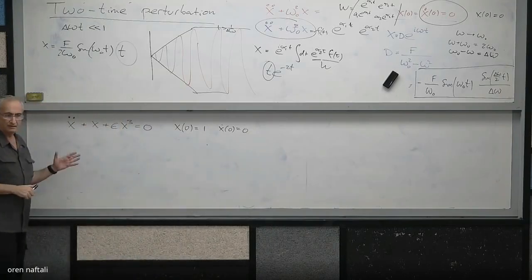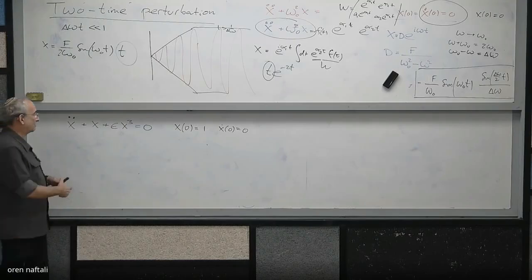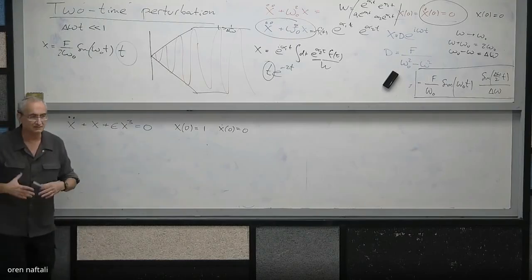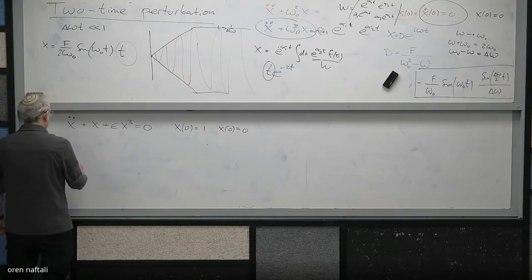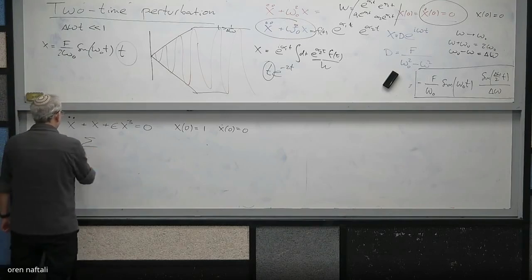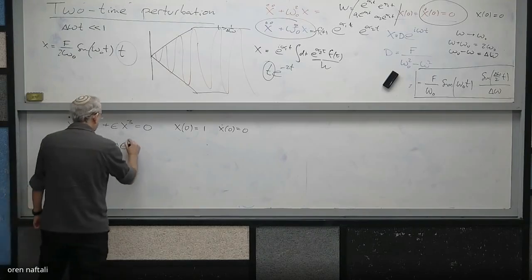Okay? And how did I teach you until now what to do? The general scheme of global analysis that we presented through this course is to say that x is equal to the sum from n equals 0 to infinity of x_n of t, some functions, times epsilon to the power of n.